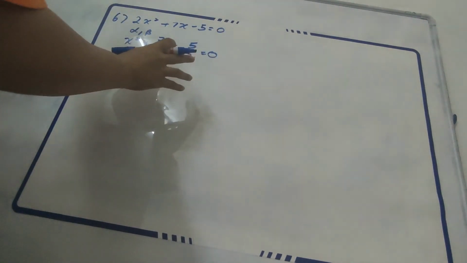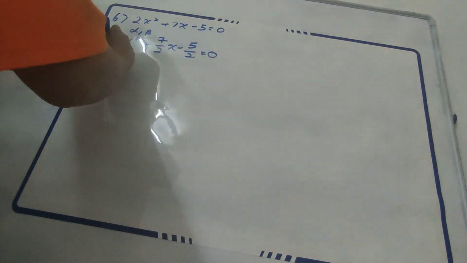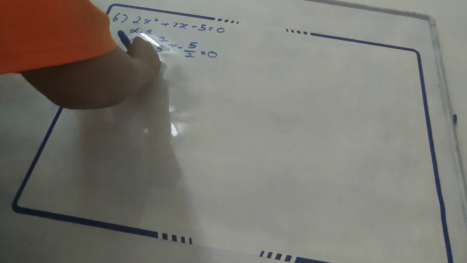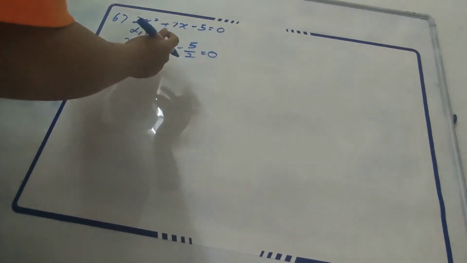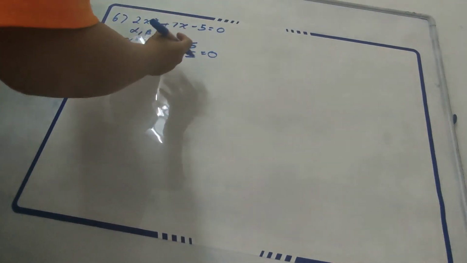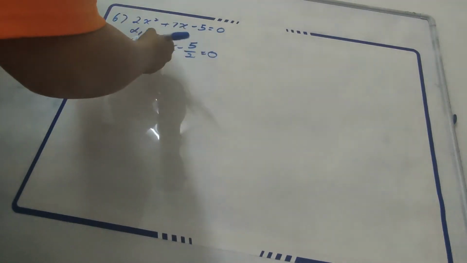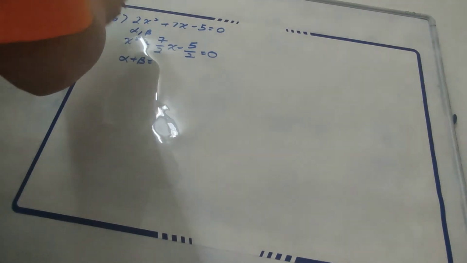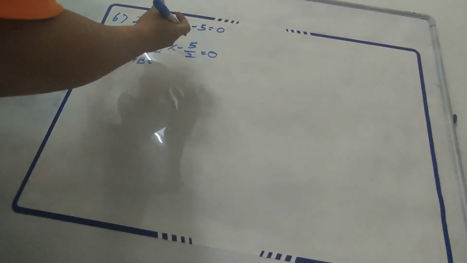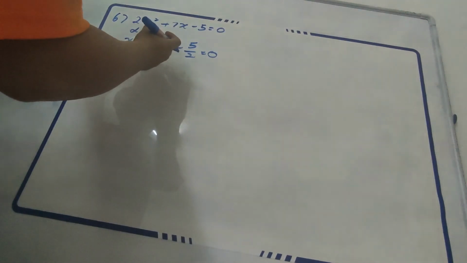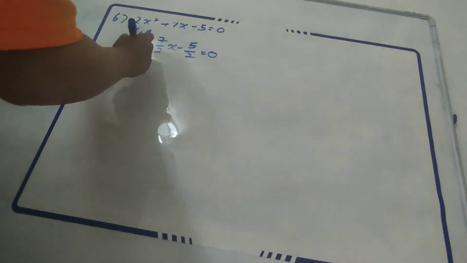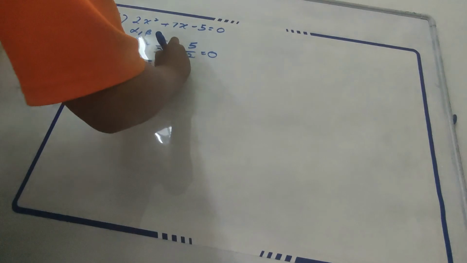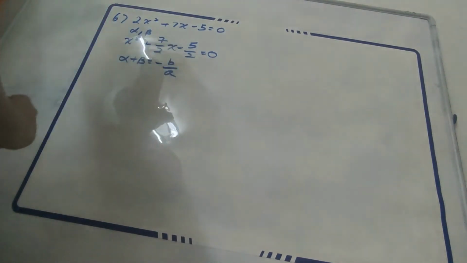So this is it. And just now I told you about the sum of the roots, alpha plus beta, in the previous equation that I showed and proved. How are you going to find the sum of the roots and the product of the roots? Alpha plus beta equals minus b over a.